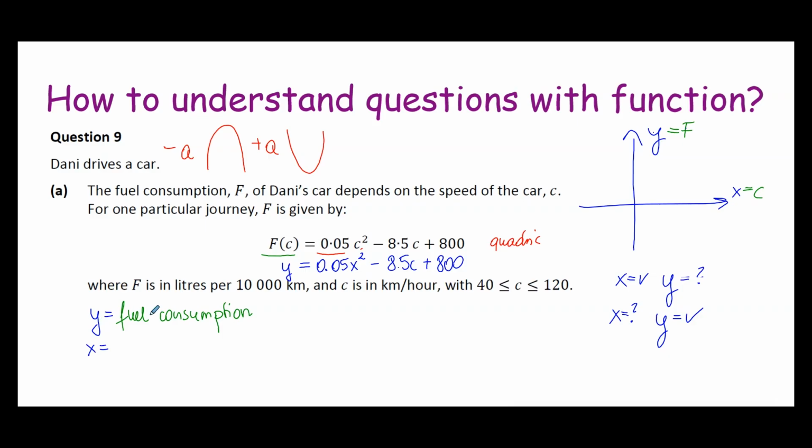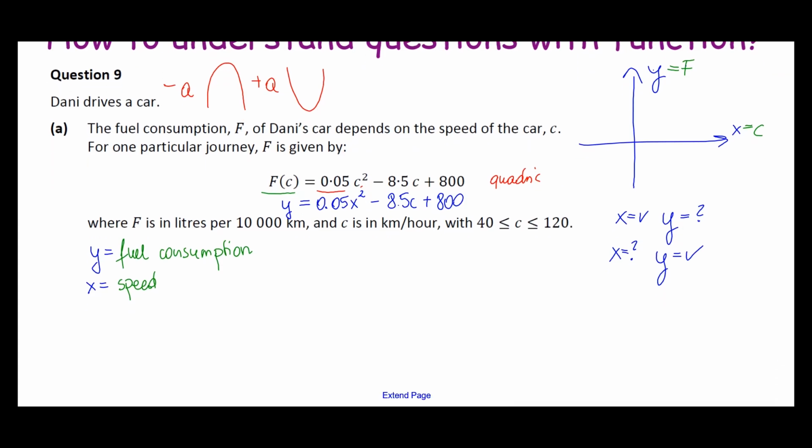So y represents fuel consumption. What about x? In this case, c depends on the speed of the car. So that is speed, that's what x stands for. Again, they could ask you what is the speed when fuel consumption is a given value, or the other way around, what is the fuel consumption when the speed is a given value. So I can rewrite my function in a slightly different manner, because we have to understand how those values play in our function.